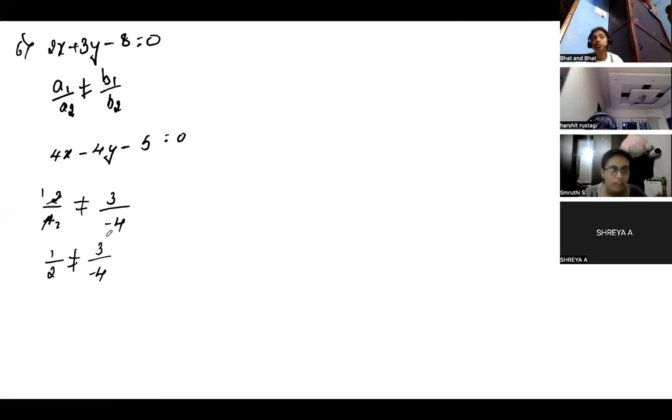Oh, sorry. If they have to be parallel, A1 by A2 should be equal to B1 by B2, and that should not be equal to C1 by C2. That is for parallel.